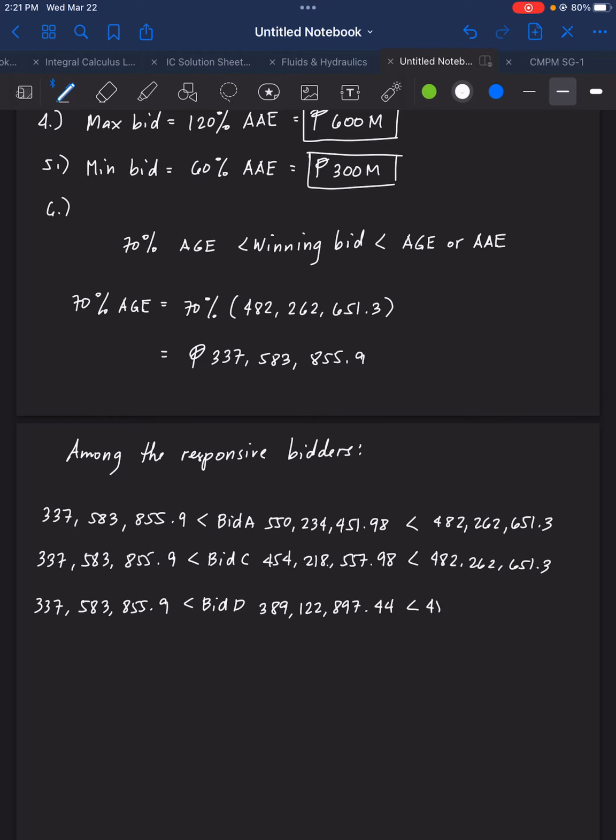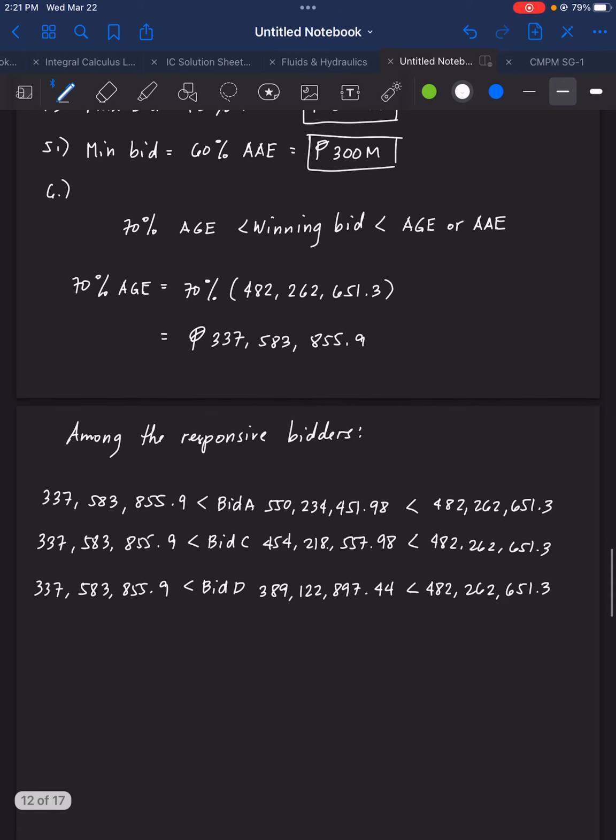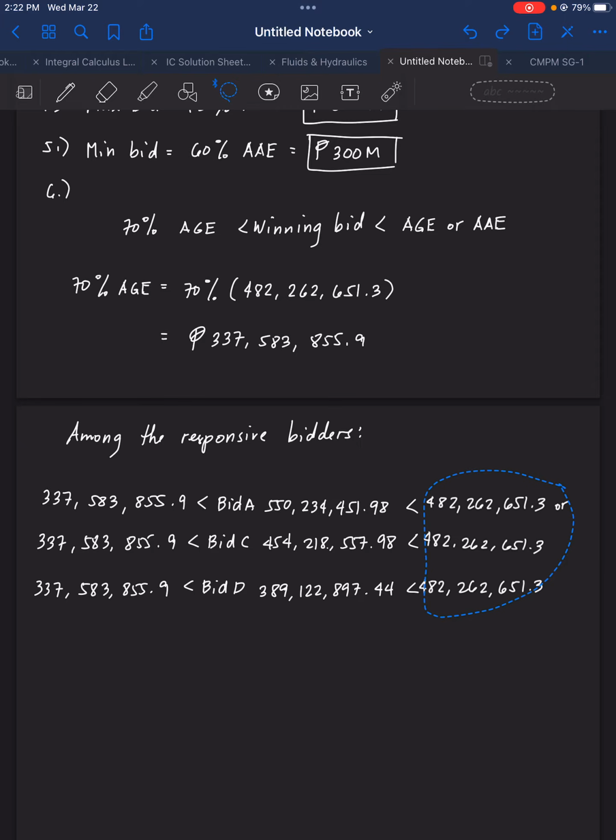482,262,651.3, or the AAE of 500 million. So remember that it's also mentioned that AAE should be included.